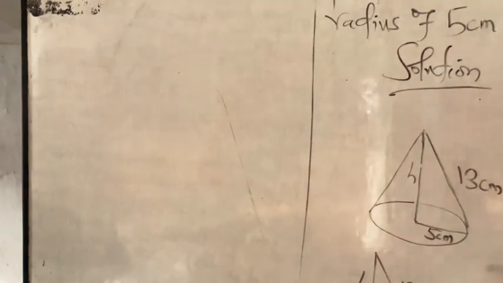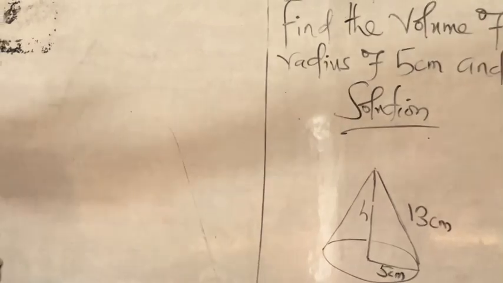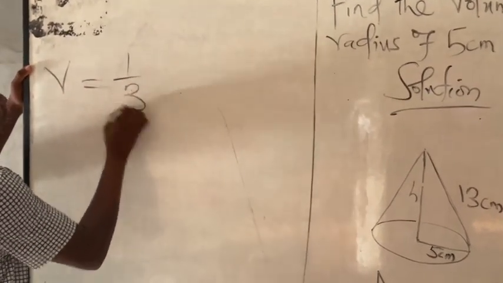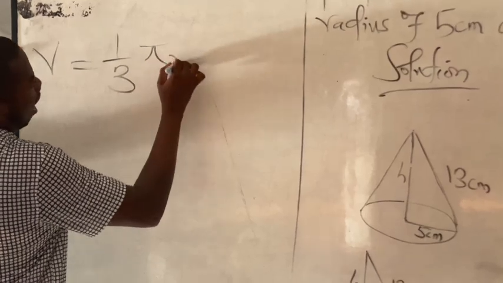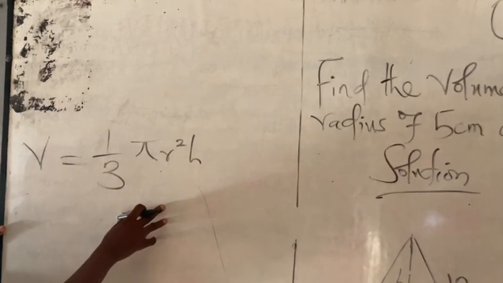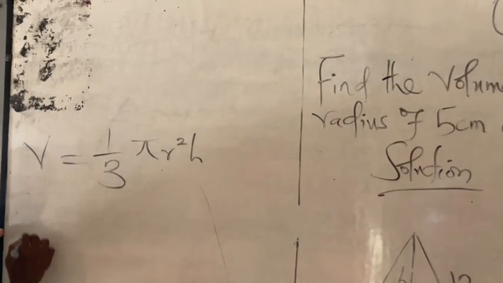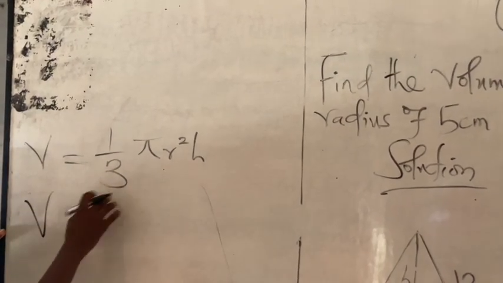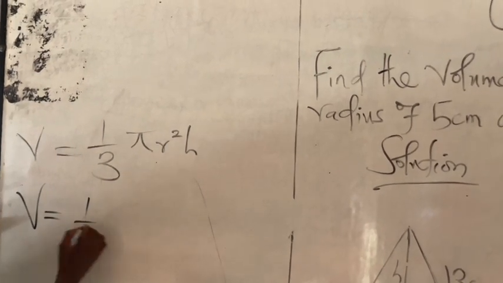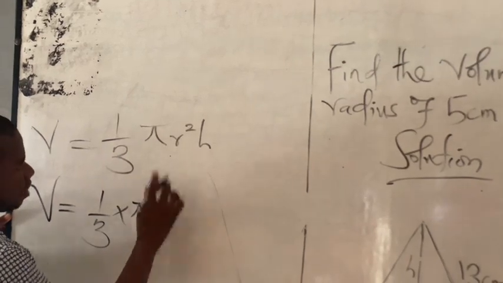Because the question demands that we look for the volume of the cone, the volume of the cone is given as 1/3 pi r squared h. This is the formula for the volume of the cone. So we have the volume equal to 1/3 times pi times r squared.